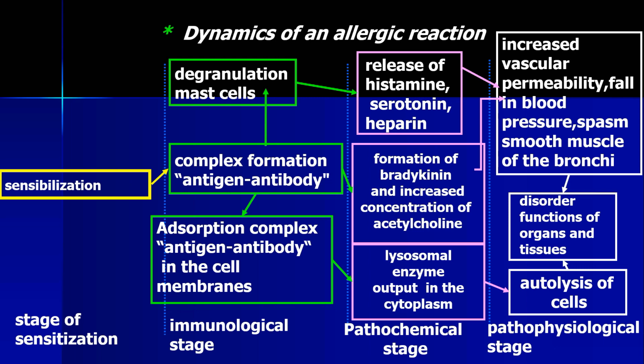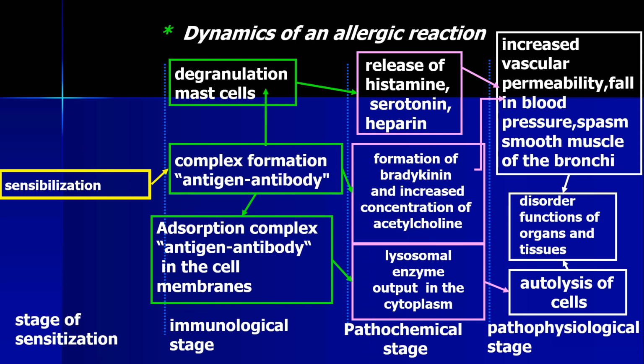And the following stages are said about it: the allergic stage and the immunological stage. In the immunological stage, after the antigen enters the body, antibodies are formed against it. Next, the antibody-antigen complex is formed, and the complex is absorbed on the cell membrane.